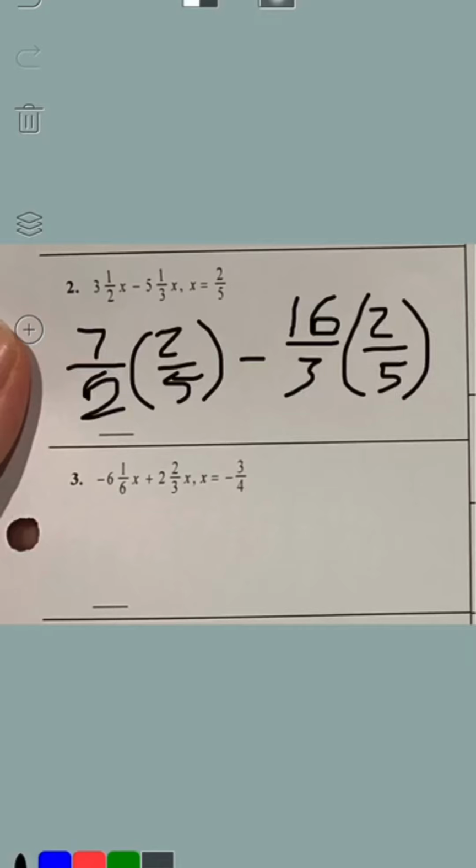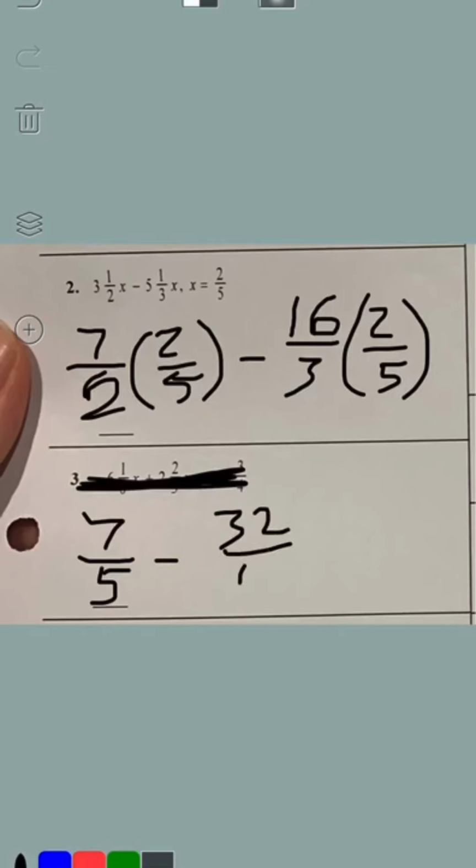Now, you multiply that out, and that will give you 7/5 minus 32/15.